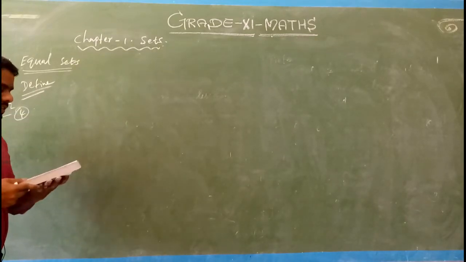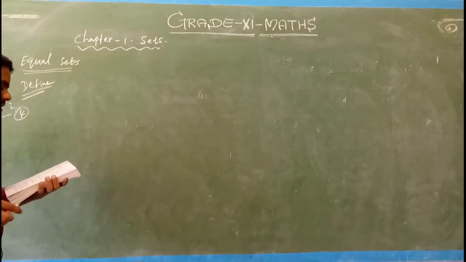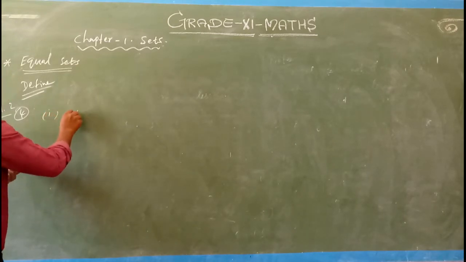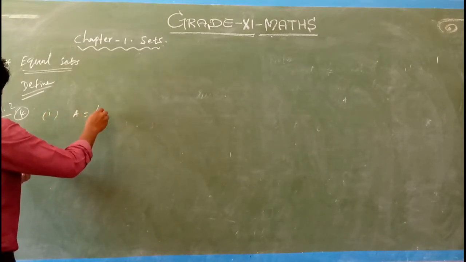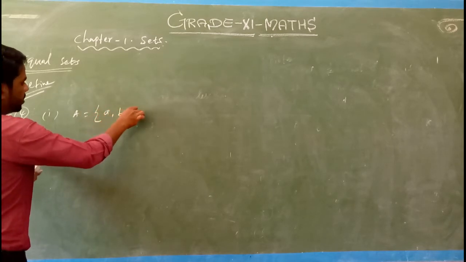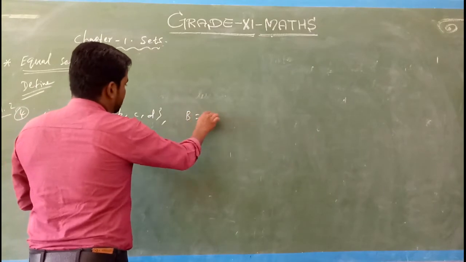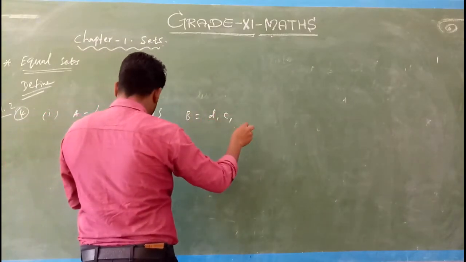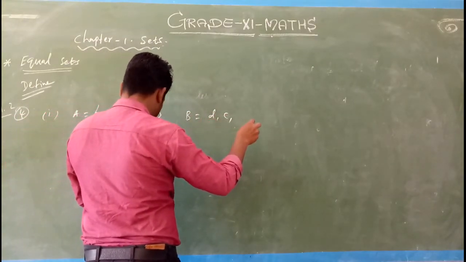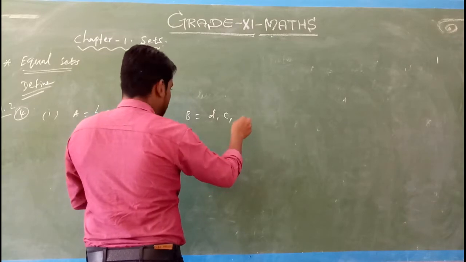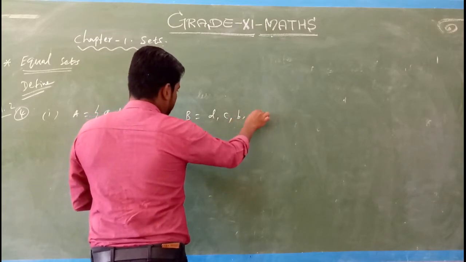In the following, state whether A equal to B or not. Listen, students. First question: A equal to {a, b, c, d} and B equal to {d, c, b, e}.